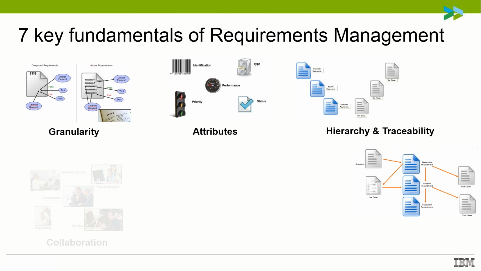They are linked to the other requirements and other forms of information that we need them to, so maybe out to standards or onto test cases, and we're keeping a tight control of our requirements at every stage of our design and development process to make sure that we're dealing with exactly what we want to be dealing with.